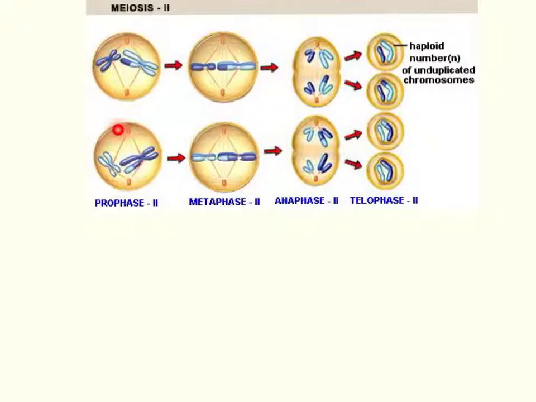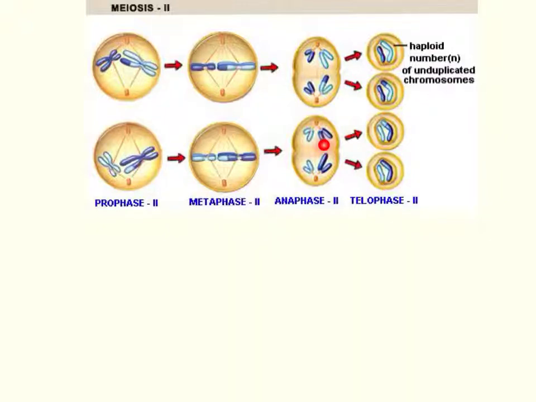Now in metaphase 2, the chromosomes simply line up in the center of the cell once again. Now in anaphase 2, the sister chromatids, as shown here, actually separate once again and move towards opposite ends of the cell, which is extremely similar to what happens both in meiosis 1 and just mitosis in itself.